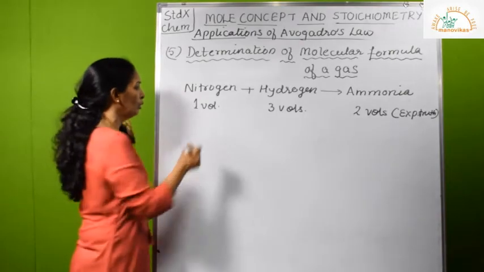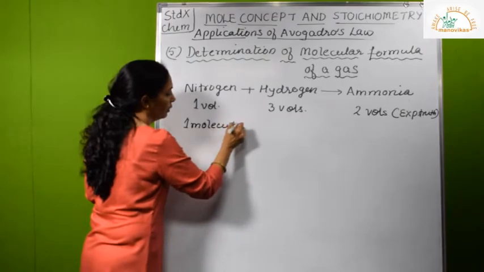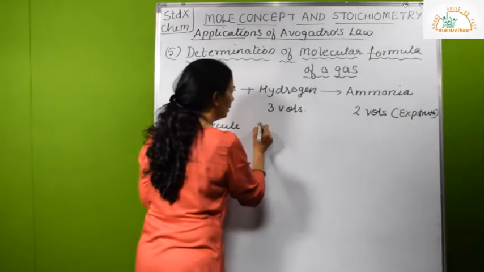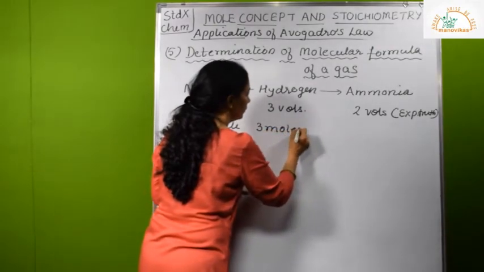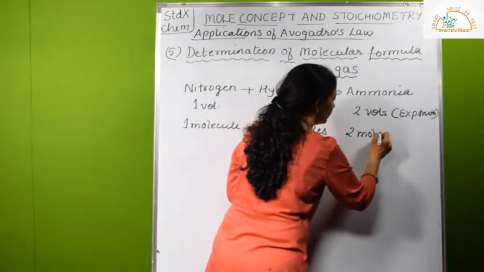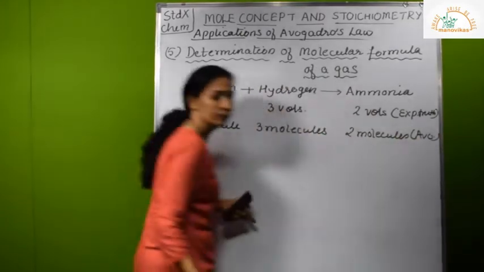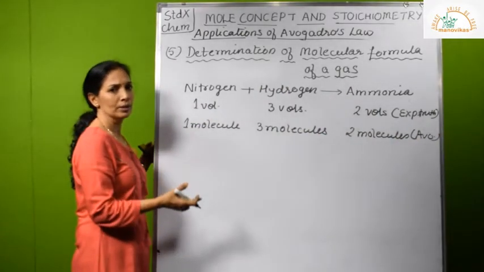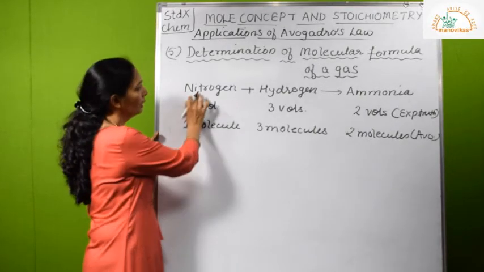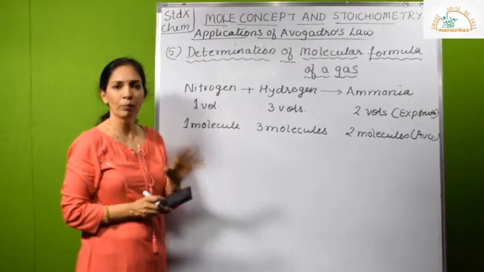If 1 volume is 1 molecule for nitrogen, so same temperature pressure conditions, so 3 volumes of hydrogen will contain 3 molecules. And here 2 molecules. This is by Avogadro's law. You all know this. We have done many a times, like first and second application. Now we know that for nitrogen and hydrogen they are diatomic, 2 atoms per molecule.